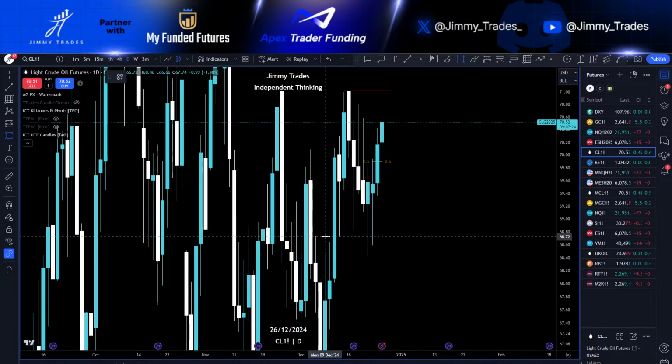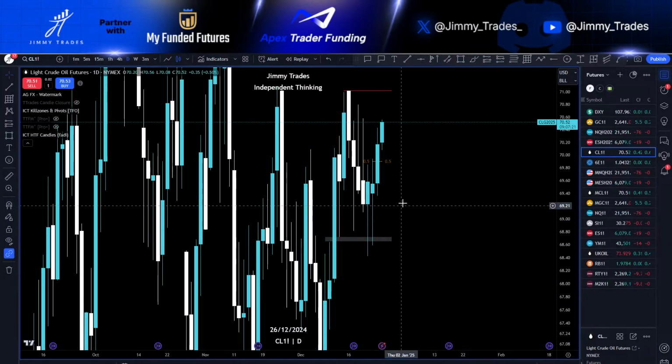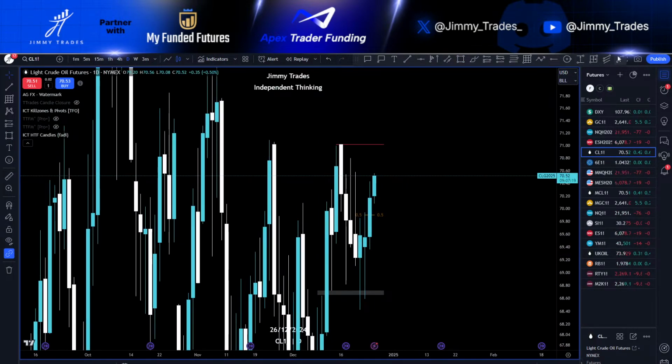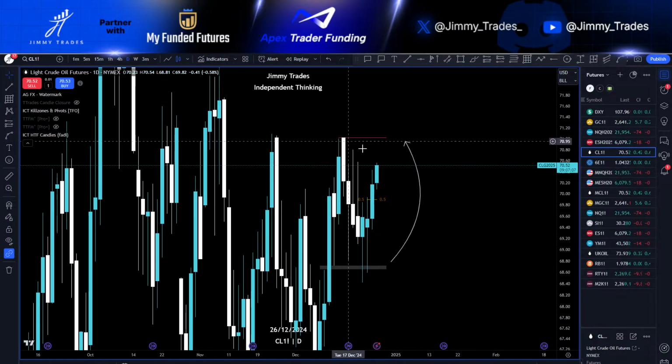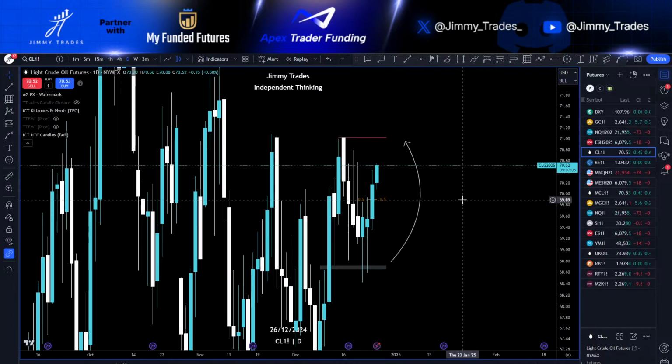Moving out of this bullish FVG here, this is your IRL to ERL. So I'm looking at this area for oil.